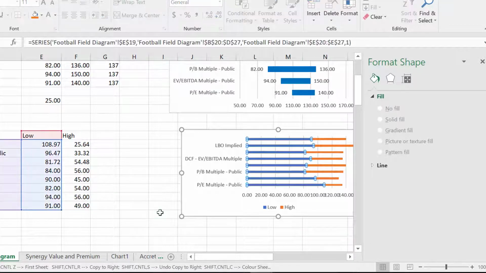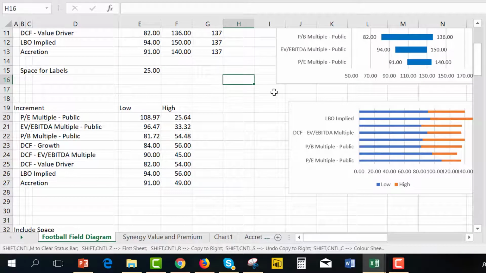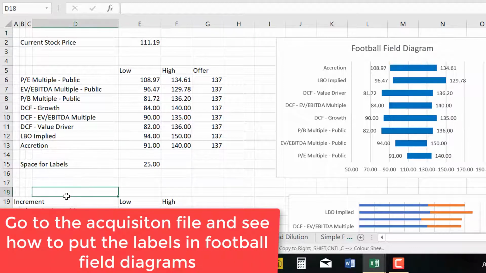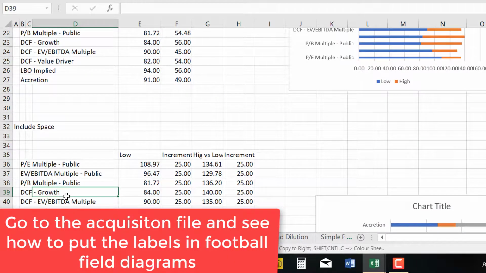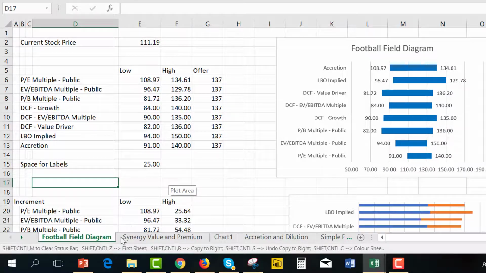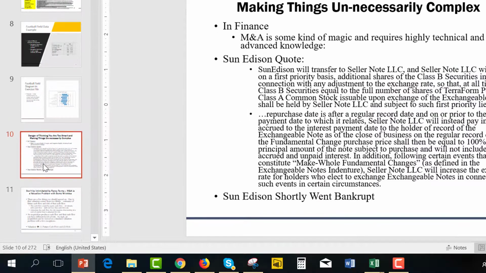Okay, you got the football field diagram, but these numbers, that is the pain, putting the numbers there. And you can walk through and see how that works. You have to put an increment for the labels, and it walks through this. And I've got another video, 2 videos at least on this anyway. So I'm not going to go crazy with repetitive stuff.